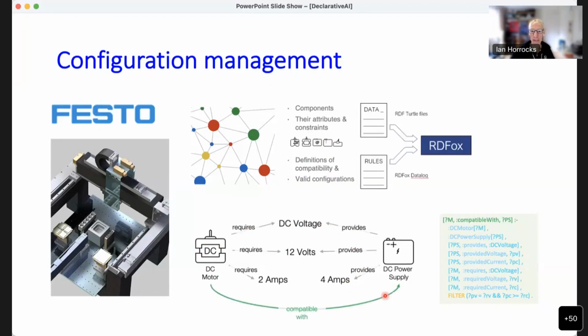And this allows the system basically to check whether configurations are actually valid. And Festo are now using this live in the configuration management tool. So if you're developing or buying a production line system from Festo, they'll use a rule system to check that it's actually all going to work when it's installed.